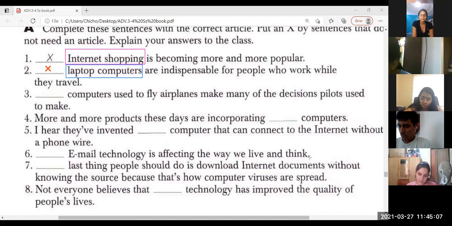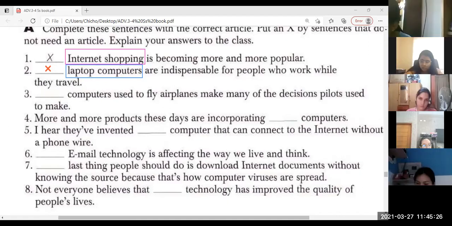Number 3, please, Abraham. Computers used to fly airplanes make many of the decisions pilots used to make. I think we don't need an article because we are talking about a specific technology. So when we talk about something specific, you don't use an article?